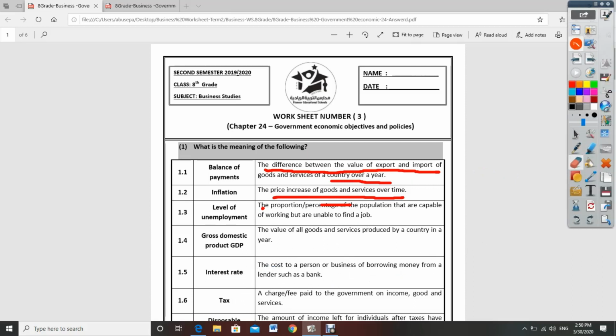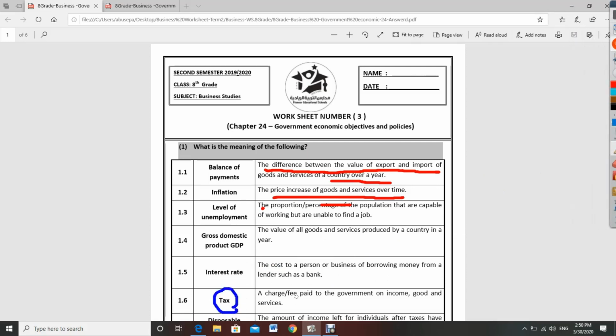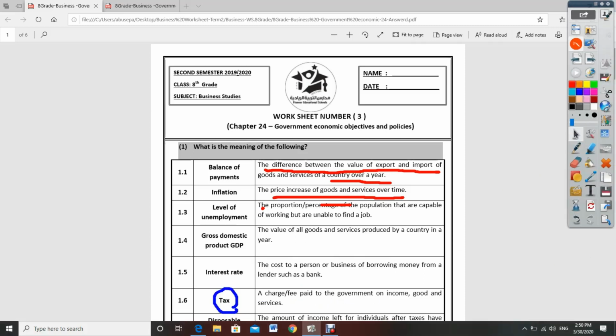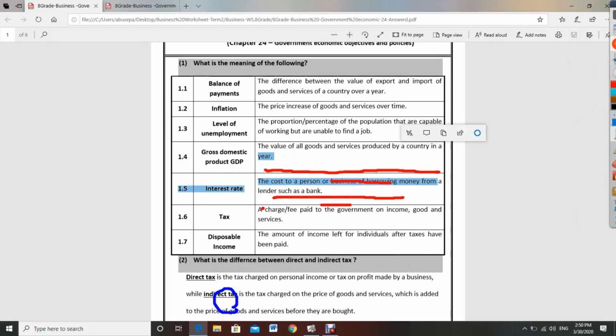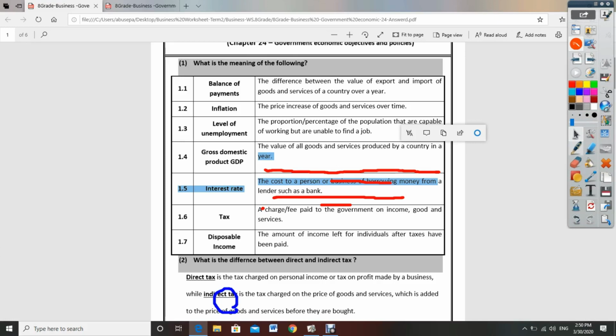What is the meaning of tax? Tax is a charge or fee paid to the government on income, for goods and services. Why does the government take the tax? Because it needs to spend, for example, on education and on building schools and hospitals for the people.